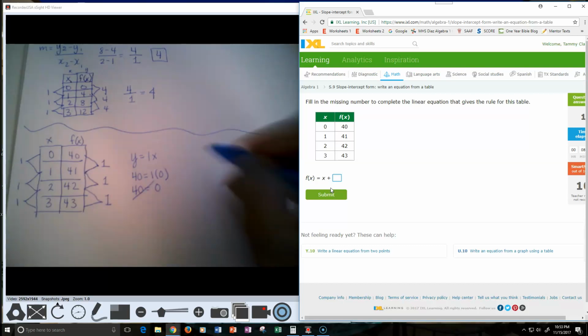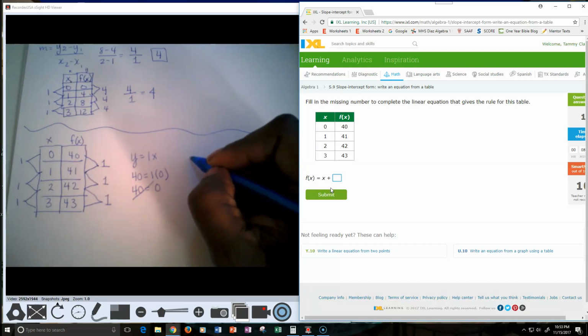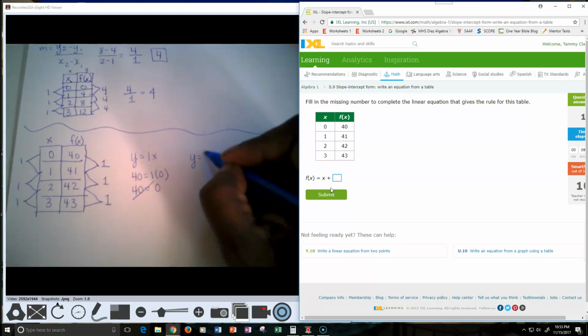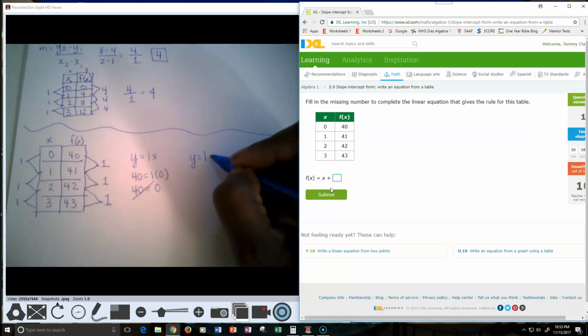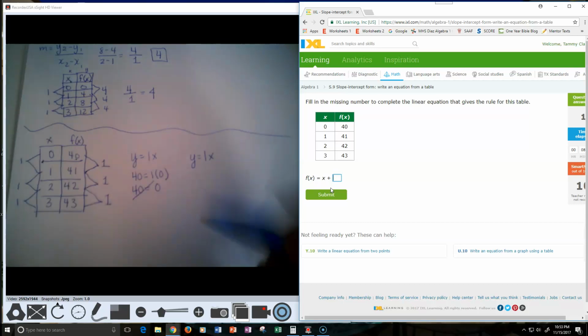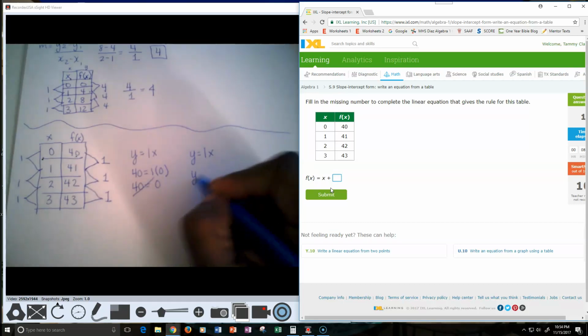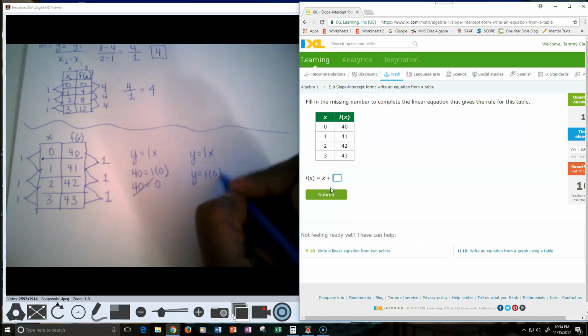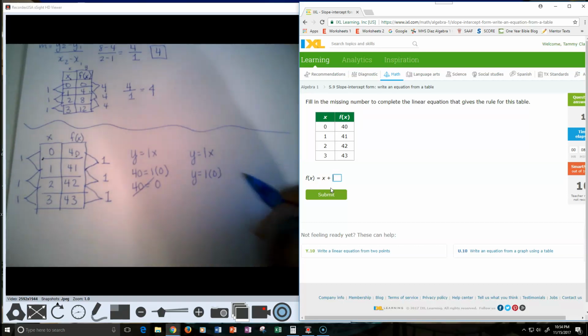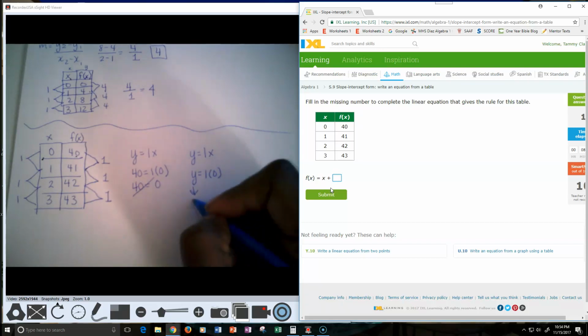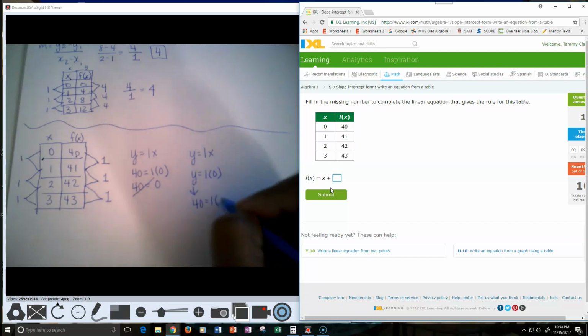So if I continue to look at this, I might say, okay, well, y is equal to, my slope is definitely 1, and I have my x, but I also could possibly have a y-intercept. So if I go back here to my table, I can say, okay, well, 40 is equal to 1 times 0.